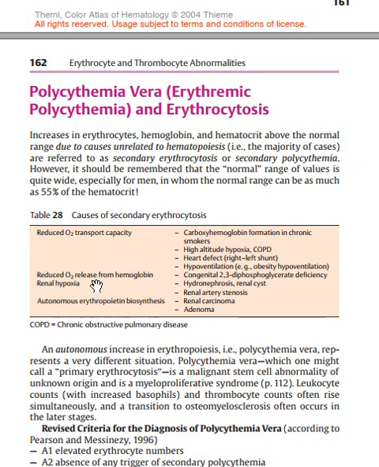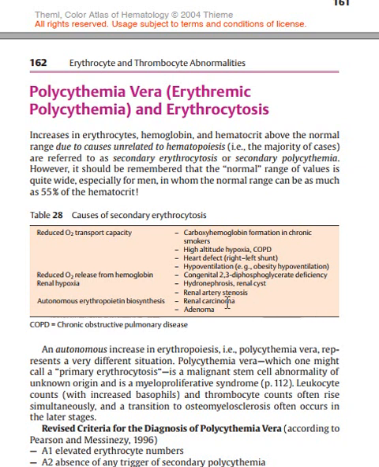Second, you have reduced oxygen released by hemoglobin, or renal hypoxia. So you have congenital diphosphoglycerate deficiency, you have hydronephrosis, you have renal cyst, you have renal artery stenosis. All this is going to result in renal hypoxia. When you have renal hypoxia, you are going to have an excess level of erythropoietin in the blood.